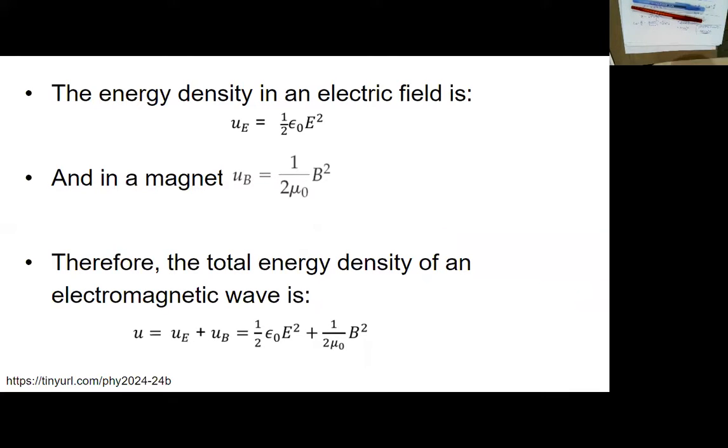Therefore the total energy in an EMF wave should come from the combination of the energy stored in the electric field plus the energy stored in the magnetic field. So you add those two together to get this. This is the total energy density of the EMF wave.